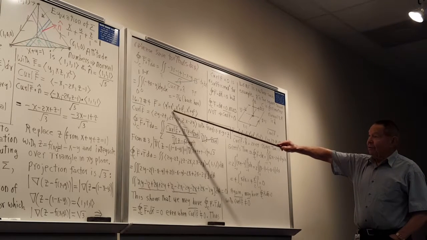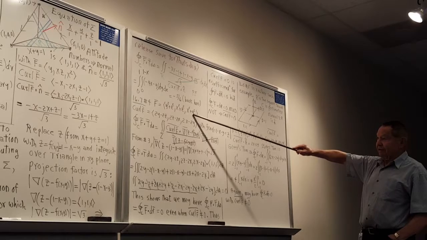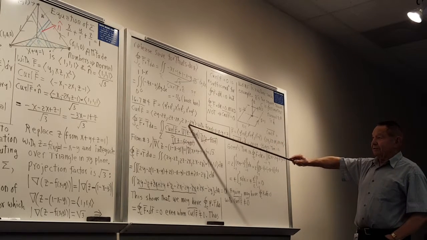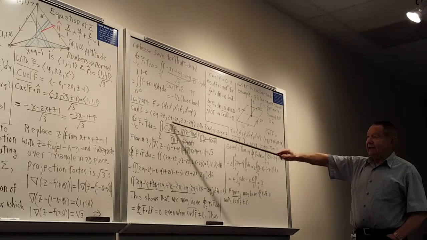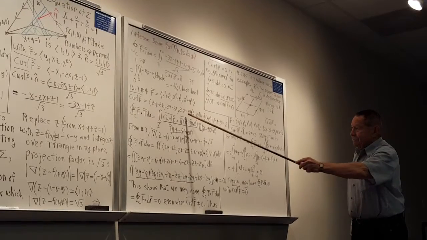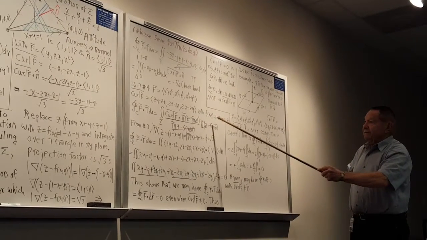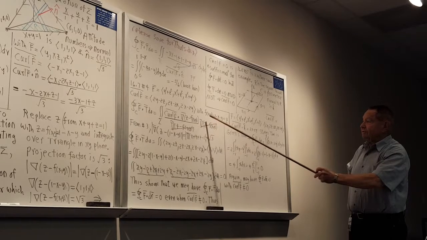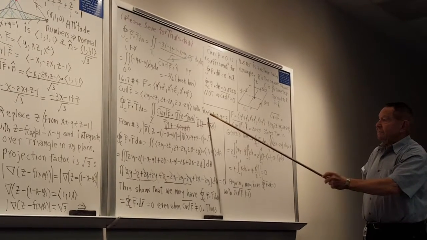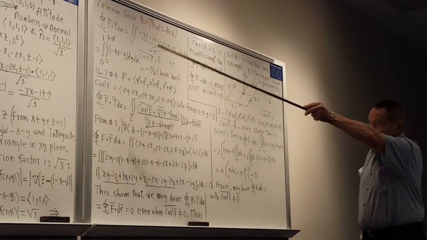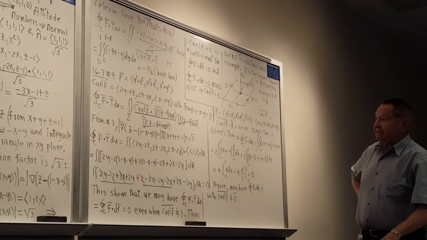Well, look at 4. So this is your field, and you do its curl, which certainly is not identically 0, and we're working with the same slanting plane.